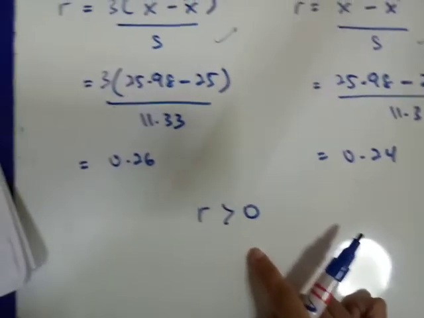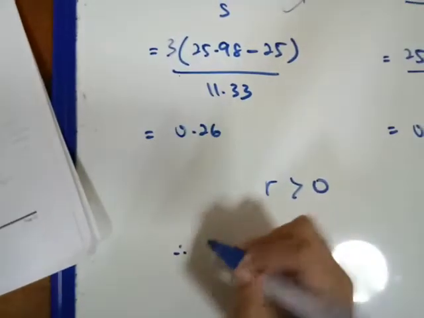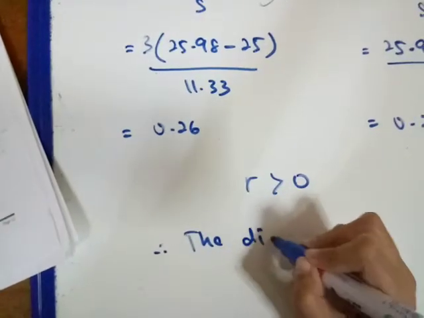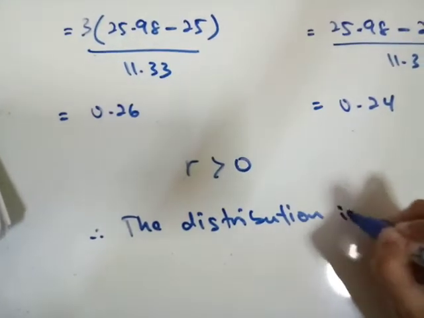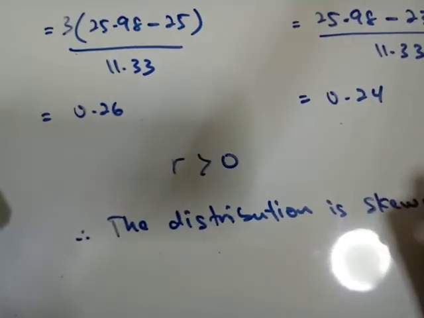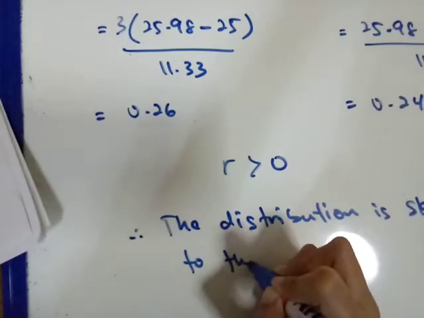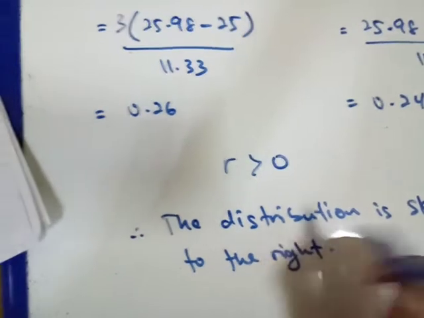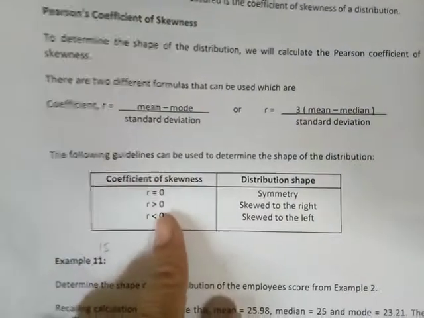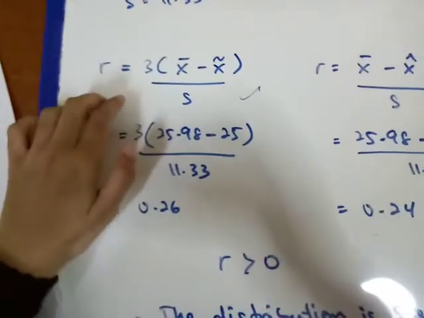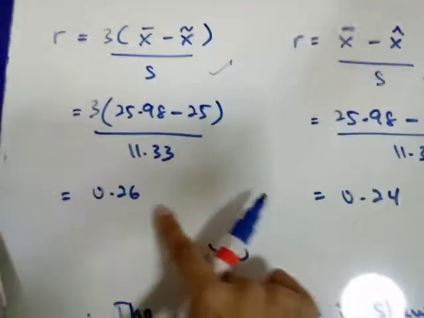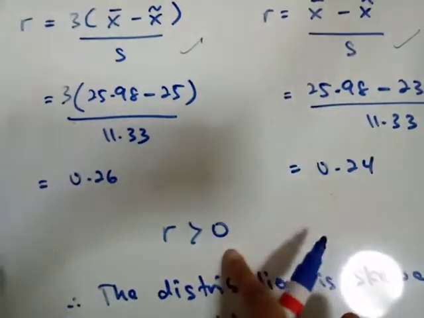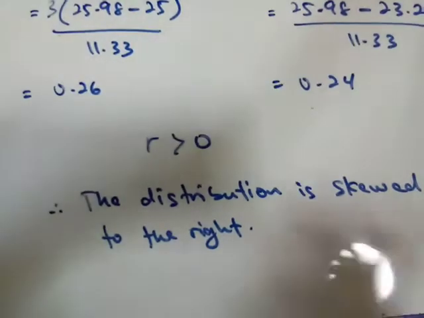When R is more than 0, you have to state that the distribution is skewed to the right, based on the guideline in this table. No matter which formula you use, these two values are still on the positive side, that means R more than 0. So the answer is skewed to the right.